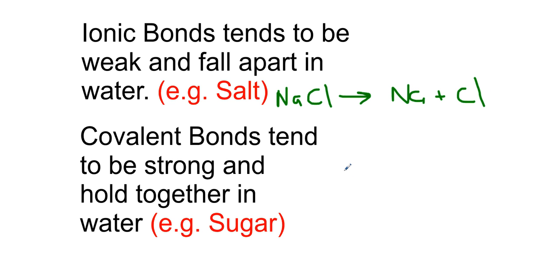Covalent bonds tend to be pretty strong, so most of the biological molecules we'll talk about later in this class are probably covalent bonds, so organic molecules. How about sugar, right? If you go ahead and take sugar and put it into water, it dissolves, but it pretty much stays together as a sugar molecule. Okay? So let's go ahead and practice these molecules today.